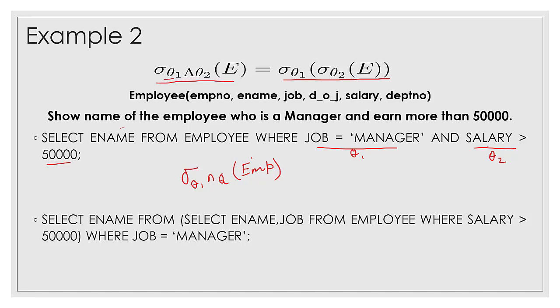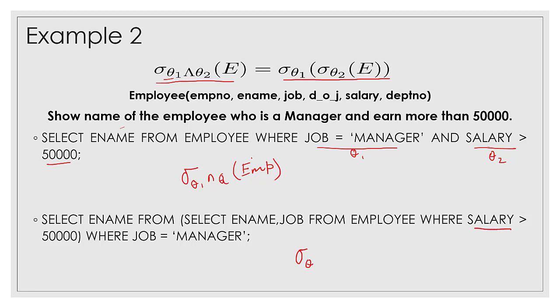Here we are not giving all the data to the outer query. We are selecting those employees and their job where the salary is greater than 50,000. So we are performing selection depending on theta 2.